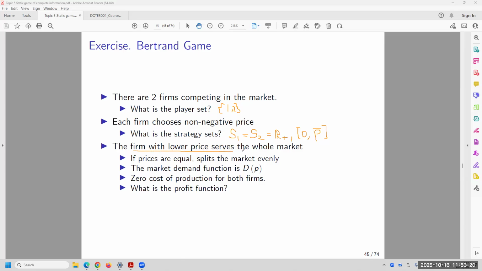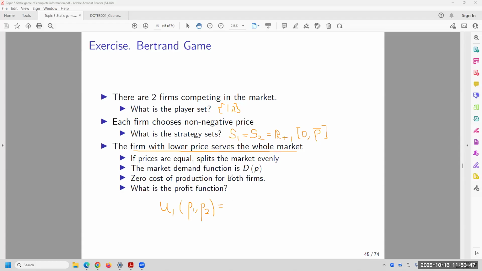And what's the demand, or the profit? The profit U of firm 1 depends on price 1 and price 2, the prices chosen by the two firms.